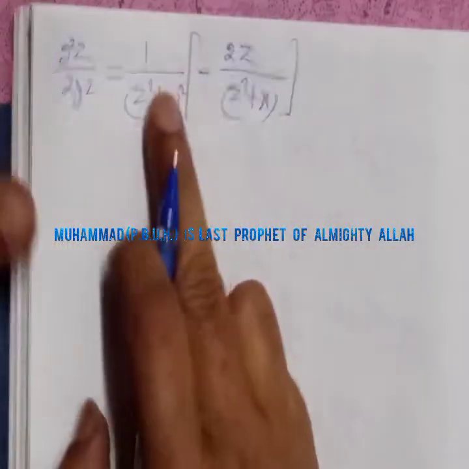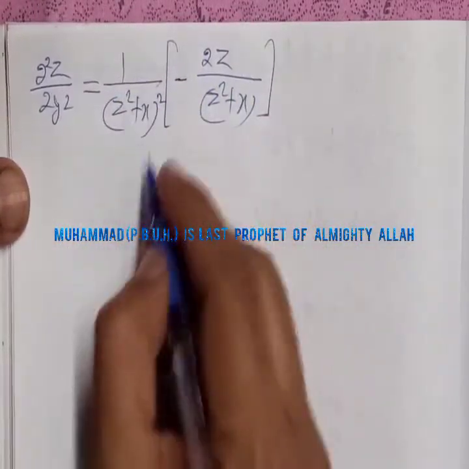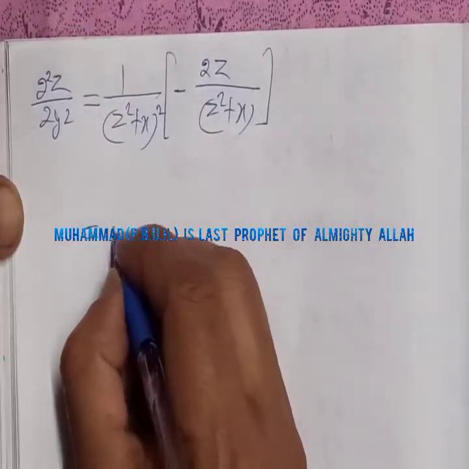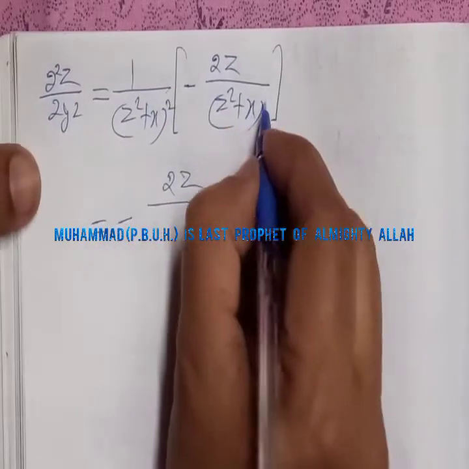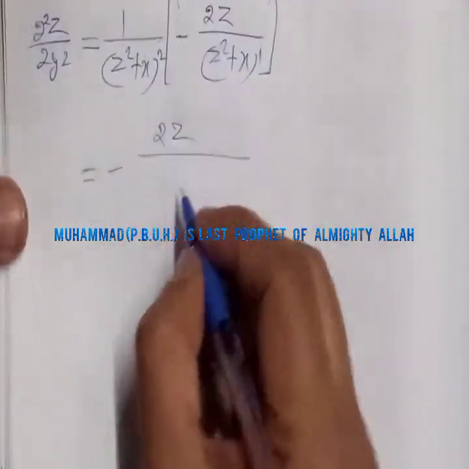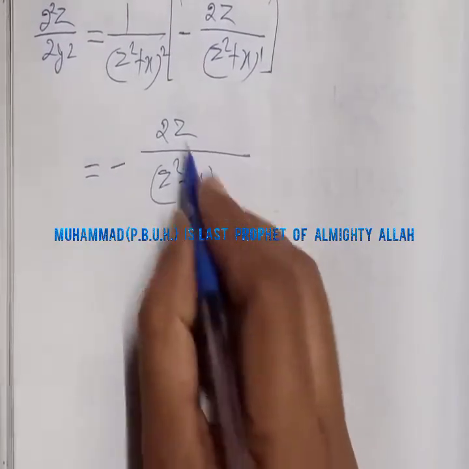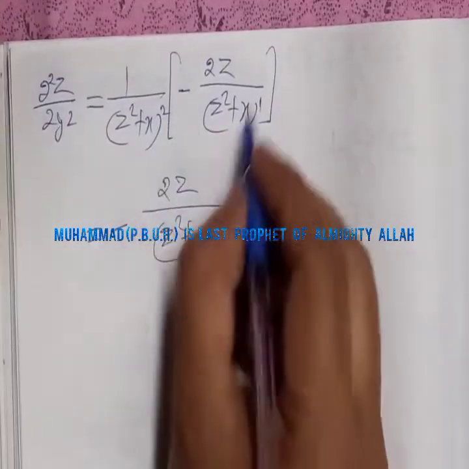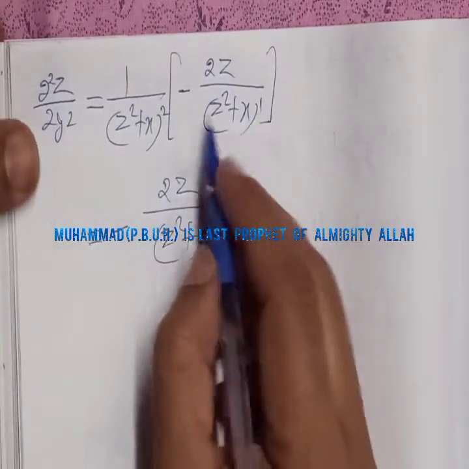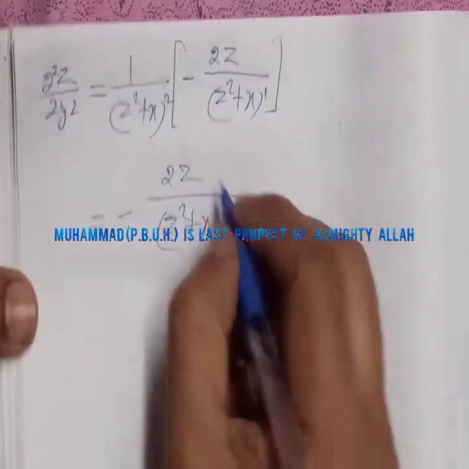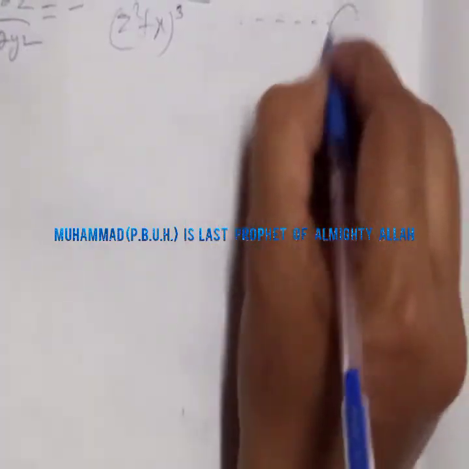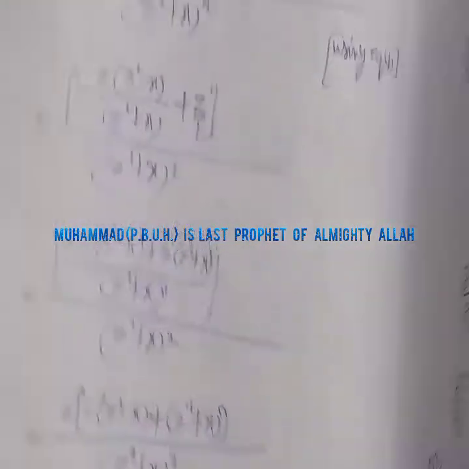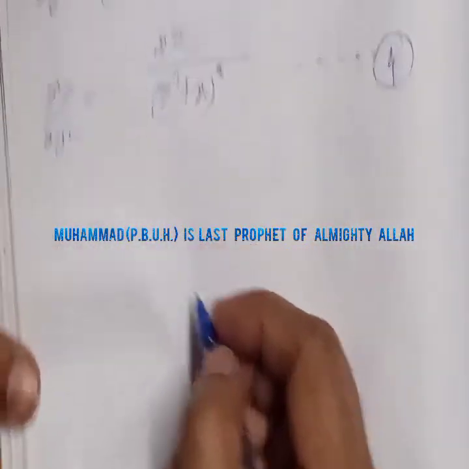On multiplying these two factors, plus times minus becomes minus, and 1 multiplied by 2z equals 2z. This is the same bracket, here the degree is 1 and here 2, so the base is equal, and on multiplication the indices add, so 2 plus 1 becomes 3. This is the value of ∂²z/∂y². I write it as equation number 4, and now add equations 2 and 4.